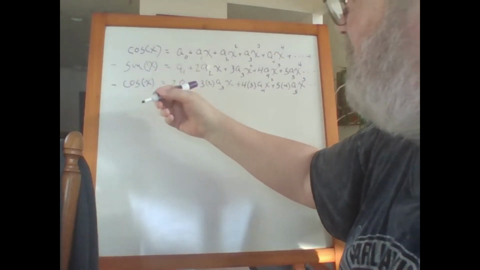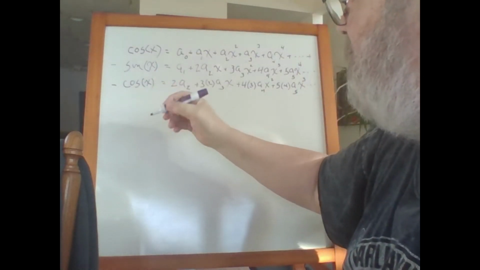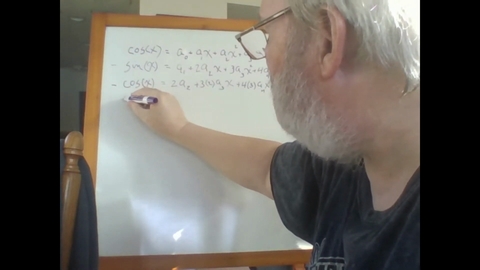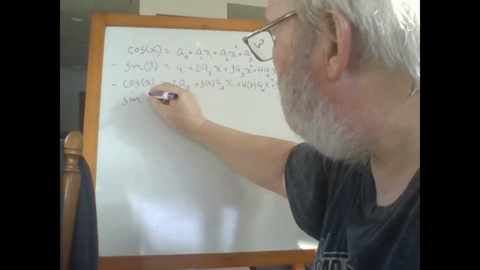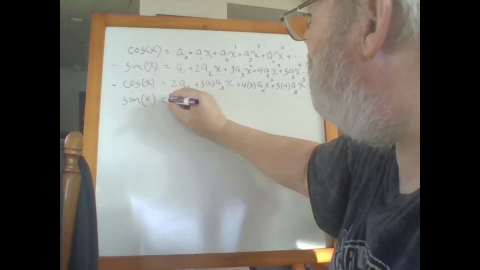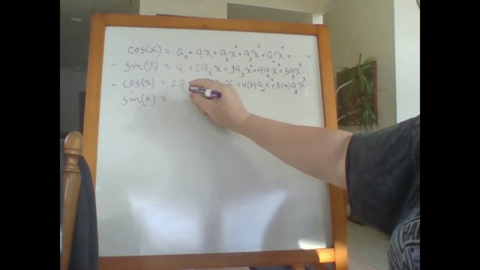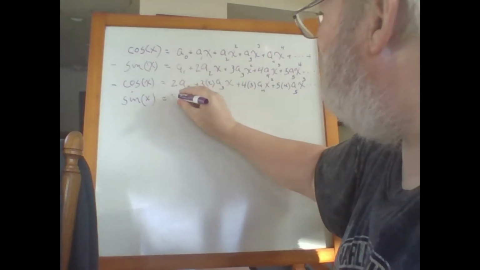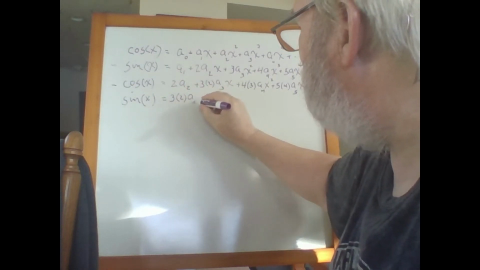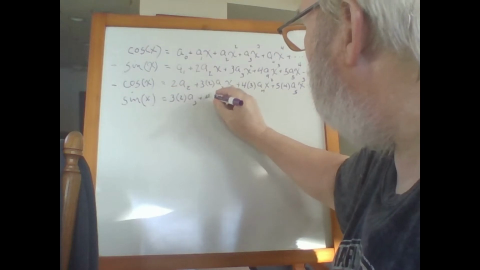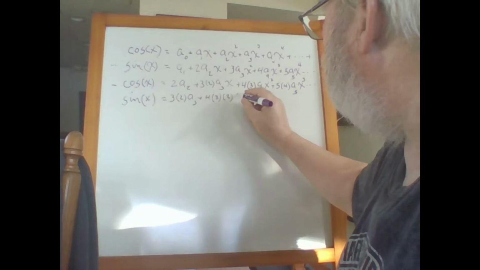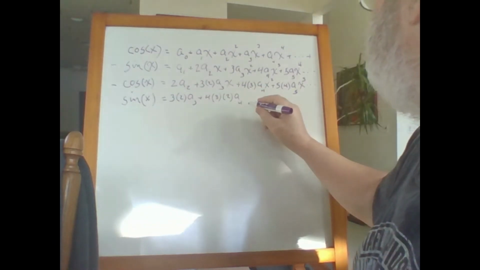All right, so let's take the next derivative, which is negative cosine. So negative cosine is the derivative of sine x, and it equals, okay, the next term, this 2a2 drops, and we got 3 times 2 a3 plus 4 times 3 times 2 a4 x.